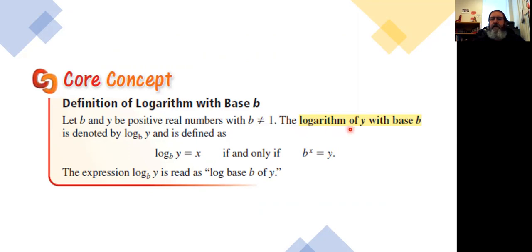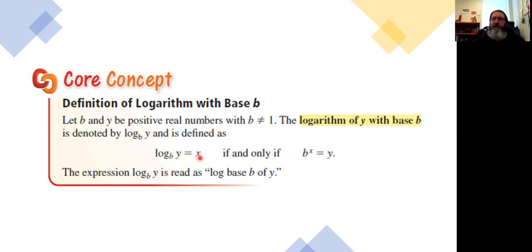The logarithm of y with base b is denoted by log base b of y. So log base b of y equals something. What does it equal? It equals x.